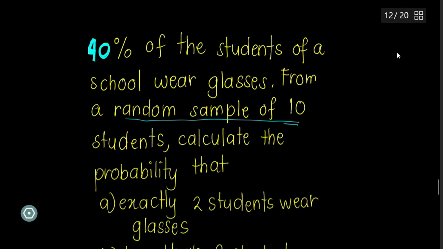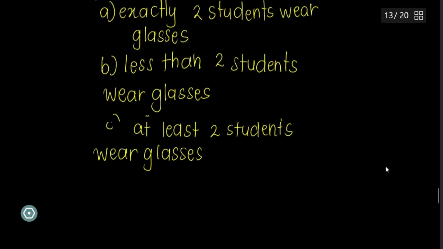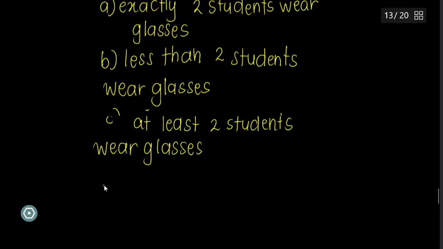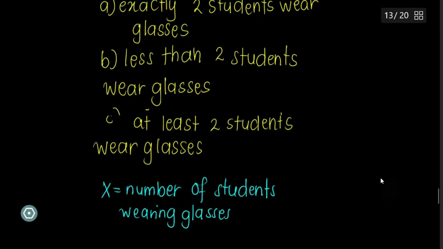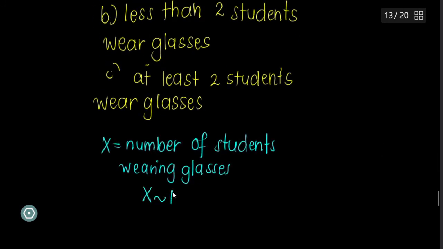Okay, first let's write our binomial. x is the number of students wearing glasses. So make sure you know what your x is. How do we write our binomial here? X follows B(n, p). So what is my n and p?